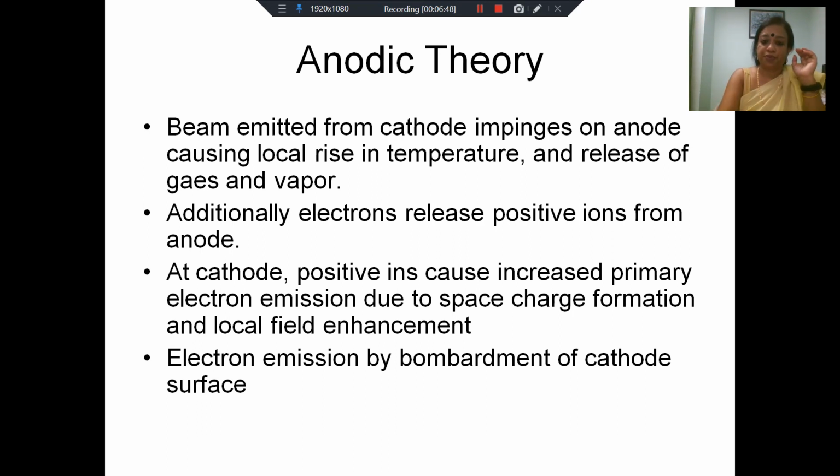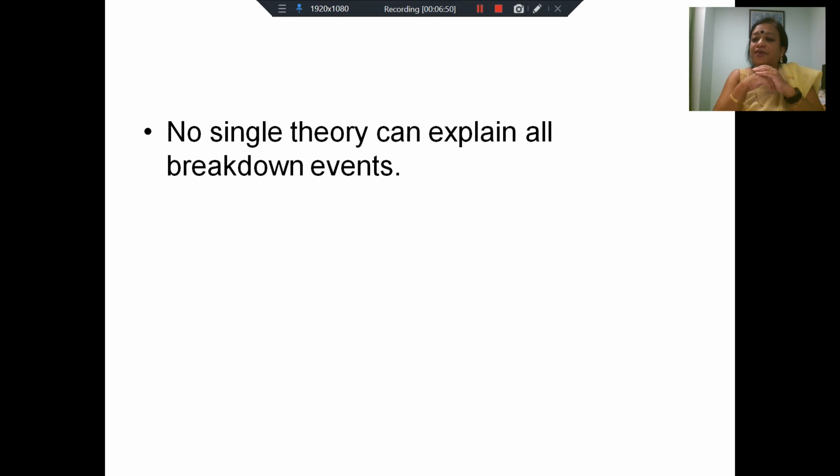What is most important is that in vacuum, you can hardly expect that breakdown will happen here due to the anodic mechanism, and in this situation it will happen due to Fowler-Nordheim. It is not like that.